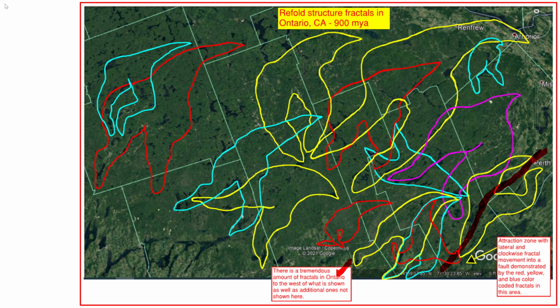And check this out. This is really cool. I'm going to read the text box first and explain. Attraction zone with lateral and clockwise fractal movement into a fault, demonstrated by the red, yellow, and blue color coded fractals in this area. Okay, so what I'm talking about, see that fault zone in red that I highlighted in red? Check out this guy in red here, and this other one. That's the same dude.